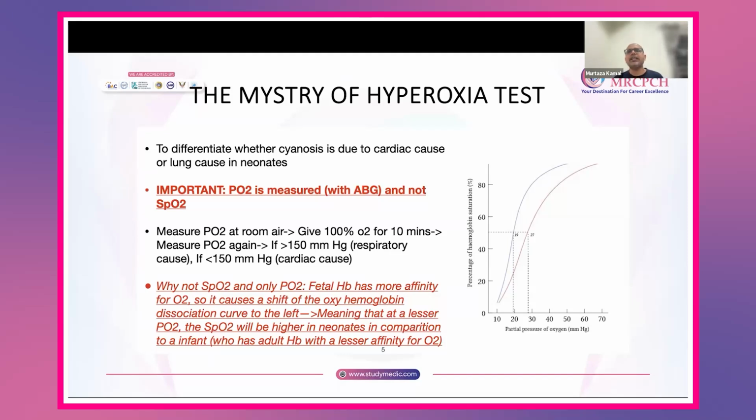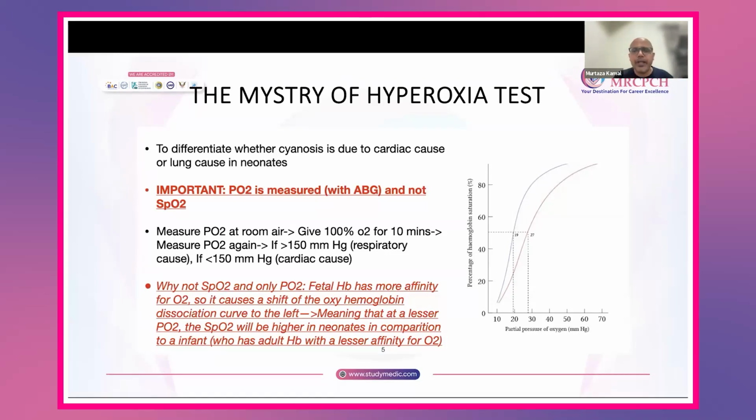Whereas if it doesn't increase beyond 150, the cause of cyanosis in this case is cardiac. So this way it differentiates the cause of cyanosis as respiratory when the PO2 is rising more than 150 mm of Hg, whereas if it doesn't rise beyond 150, it is called a cardiac cause.